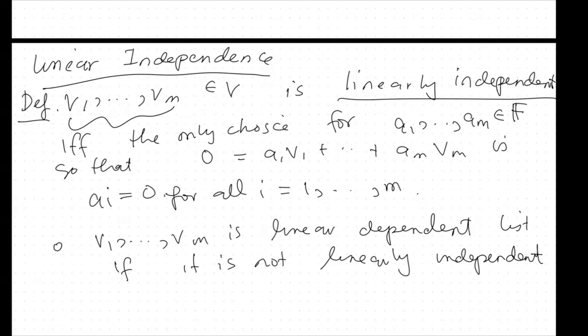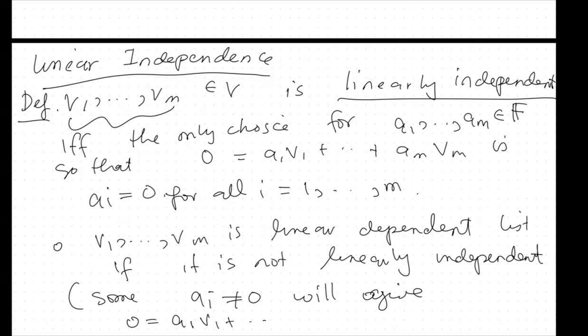Meaning, we can have 0 as a sum a1 v1 up to am vm where some ai is not equal to 0.